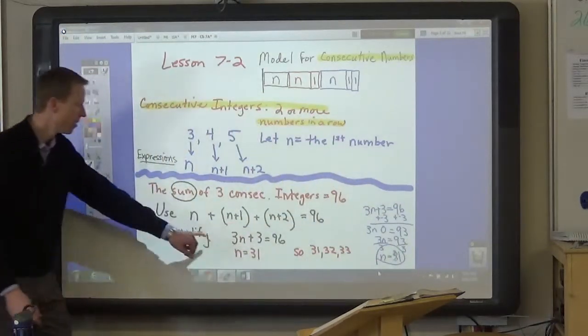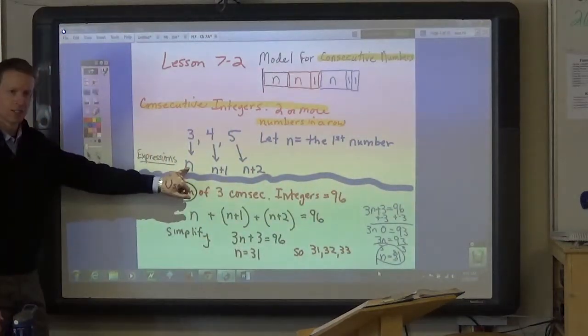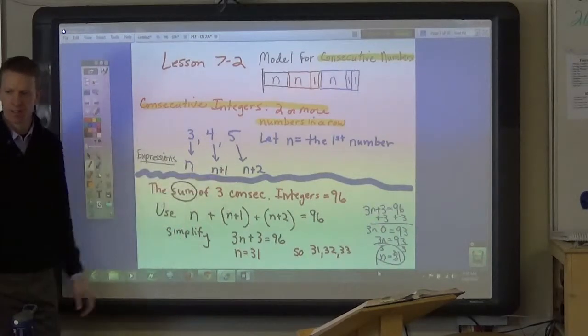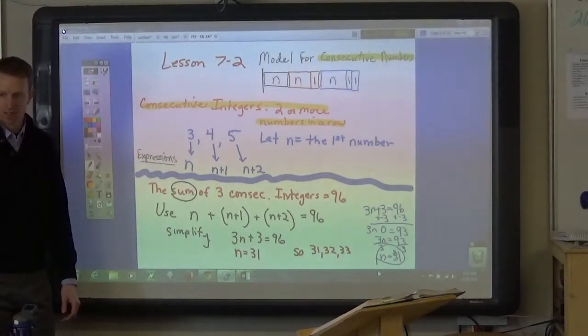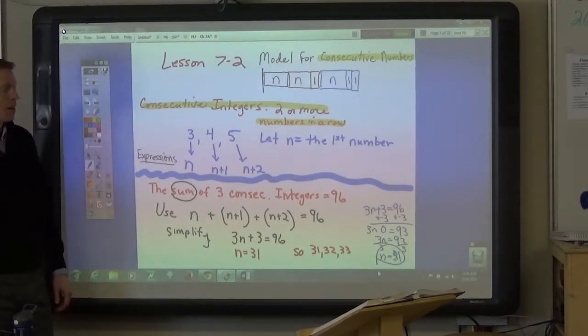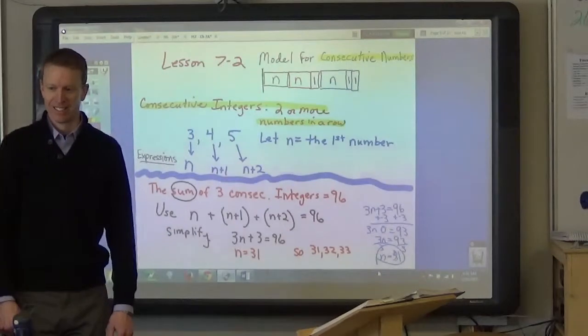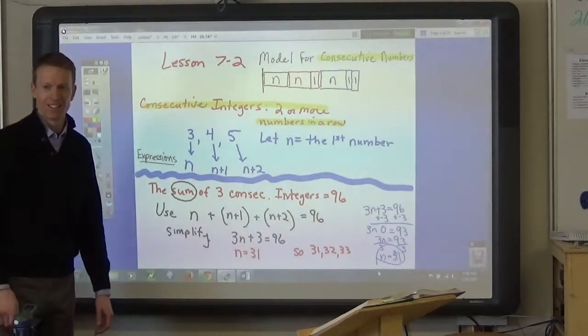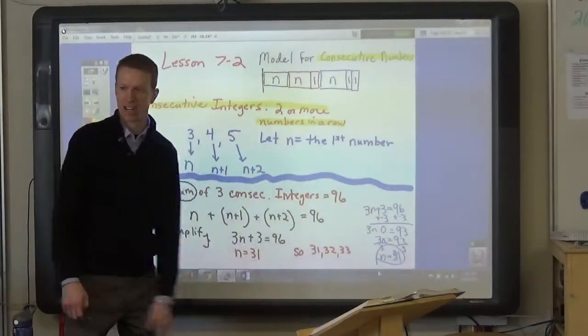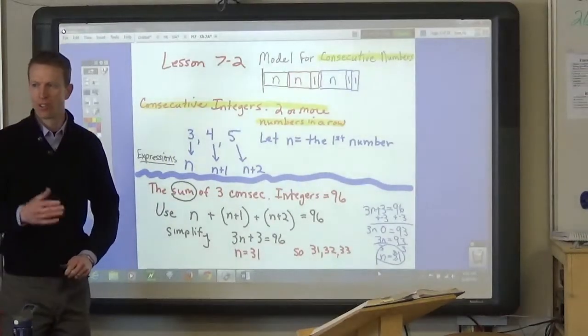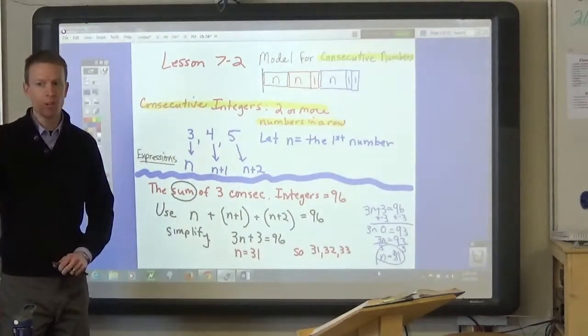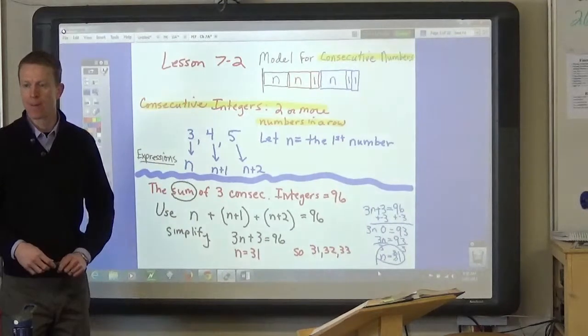So that n represents the first of 3 integers. Hunter? Yeah, so you can probably just do that in your head. Just take 3 away from 96 and then divide 93 by 3. Yeah, to be honest, you could probably do most of these equations in your head, but it doesn't prove anything. That's not proving that those are the 3 integers.